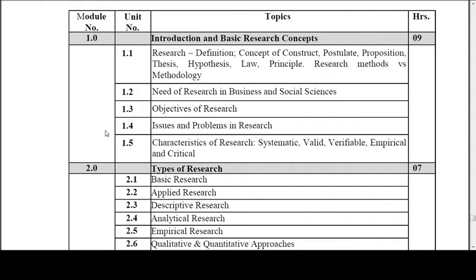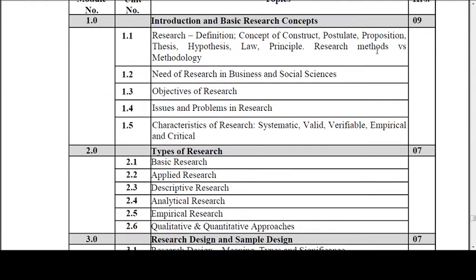So first module, that is introduction and basic research concepts. Total number of hours is 9. In this first module, we define the basic concepts related to research. First we go to the concept of research definition, then concept of construct, postulate, proposition, thesis, hypothesis, law, principle, research methods versus methodology.